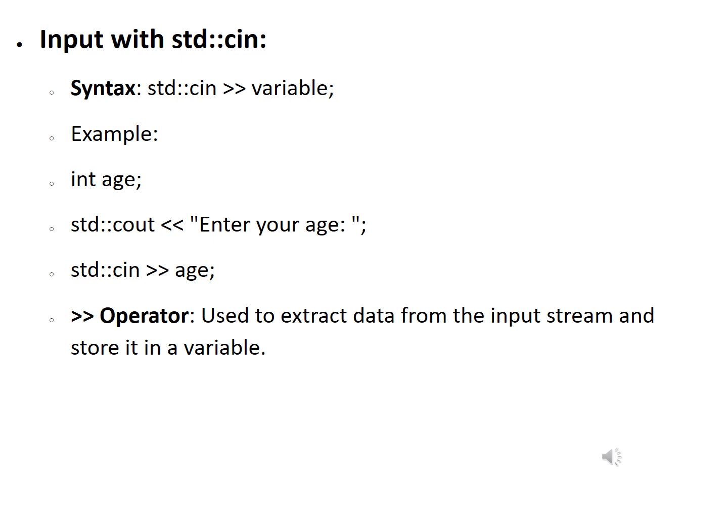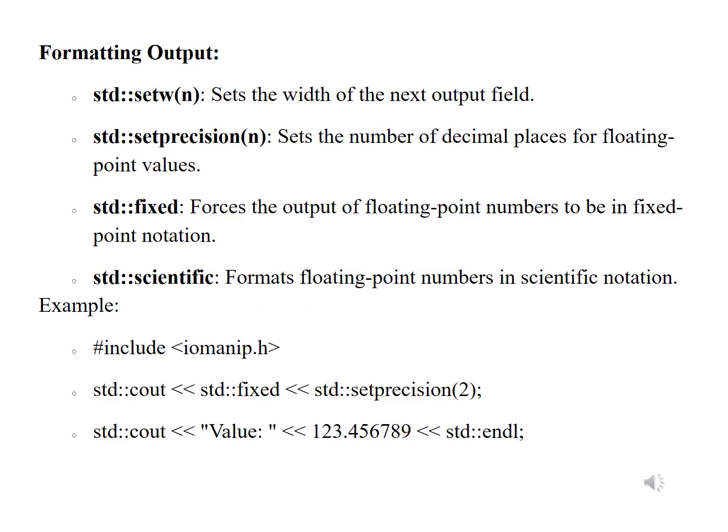The greater than operator is used to extract data from the input stream and store it in a variable. Here, int age is a variable of integer type, so it can store the data given by a keyboard.